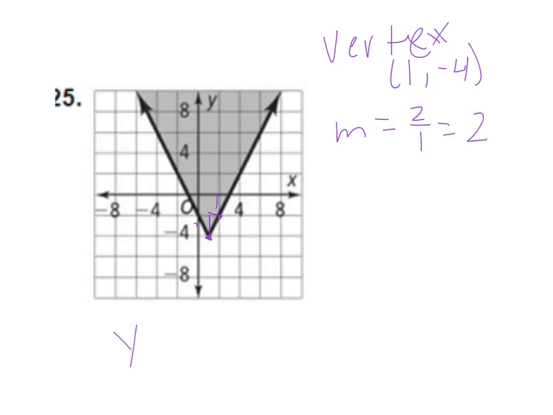So when I write my equation, I would have a 2 out in front of my absolute value, and x would be at minus 1, because remember it's always opposite on the inside, and on the outside the k would give me the minus 4. Now for the inequality symbol, it's shaded above the graph, so y is greater than, and it's a solid line, so it's or equal to.